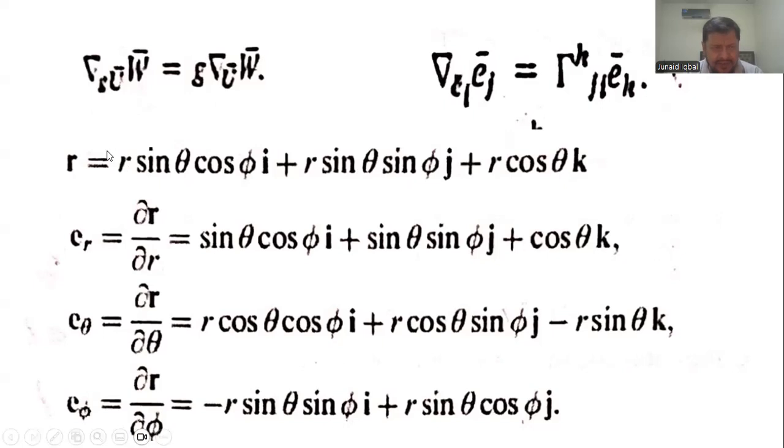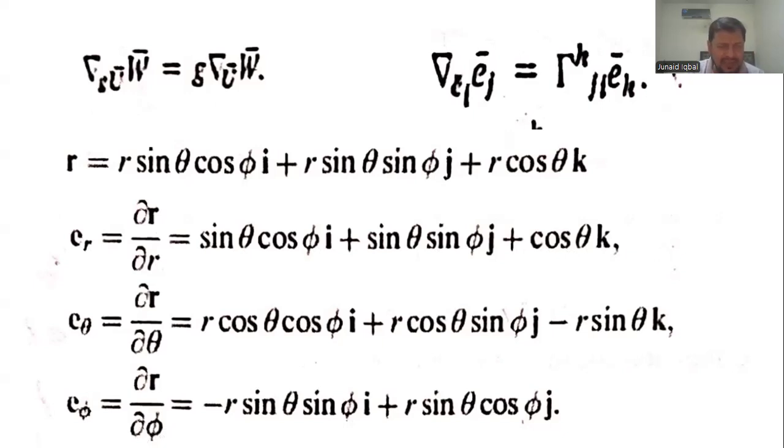If we take the partial derivative of this vector r with respect to r, it represents ER, and it will be equal to sine theta cos phi i plus sine theta sine phi j plus cos theta k. This ER is a vector along the radial line.